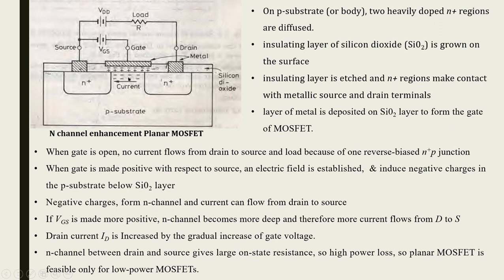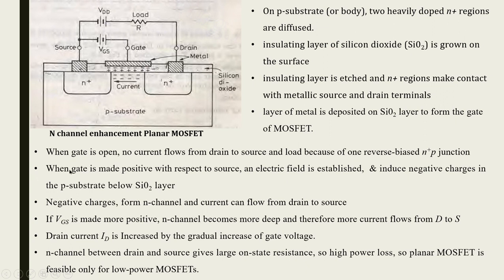As the gate voltage increases, these negative charges form from here to here, and this negative charge region is called a channel. Okay, so a negative electron channel is formed here. As the electron channel is formed, current will pass from drain to source. Electrons will be flowing from source to drain. So the current will be flowing from drain to source.